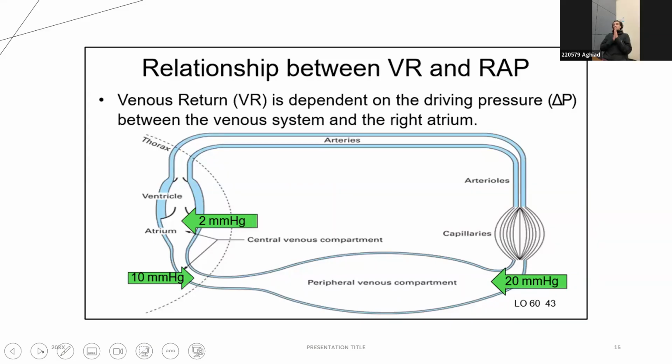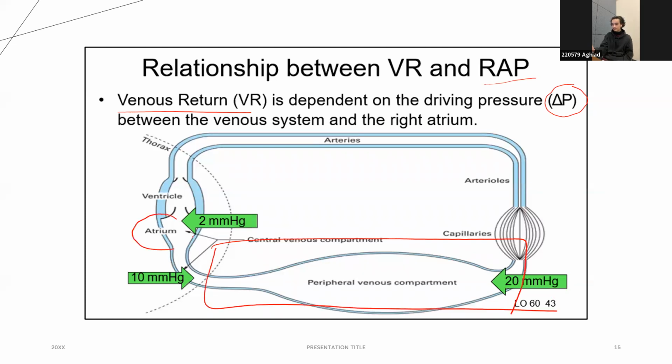So this is the relationship between venous return and right atrial pressure. Venous return is dependent on the driving pressure, delta P, between the venous system and the right atrium. In order for blood to go from the venous system to the right atrium, there must be a driving force.